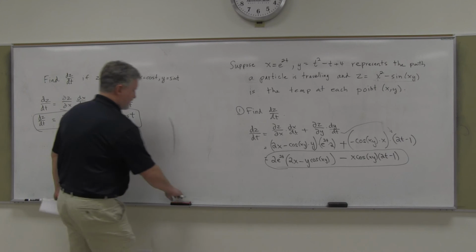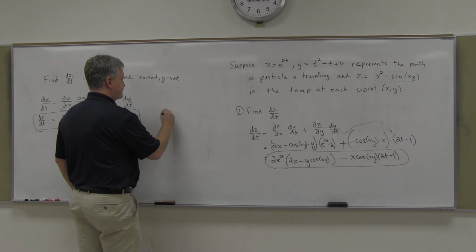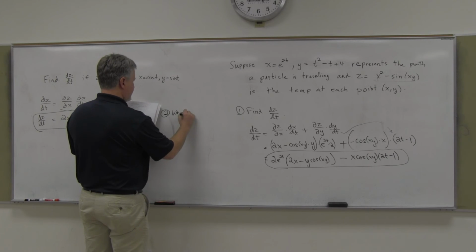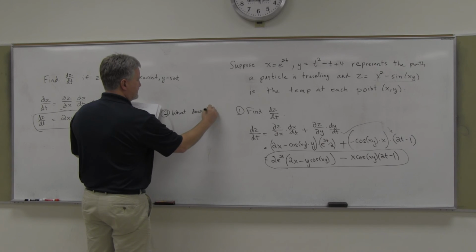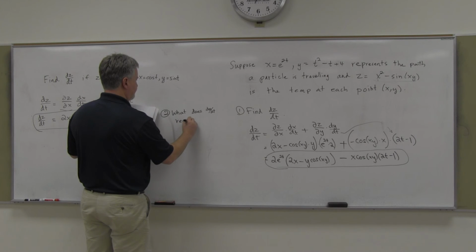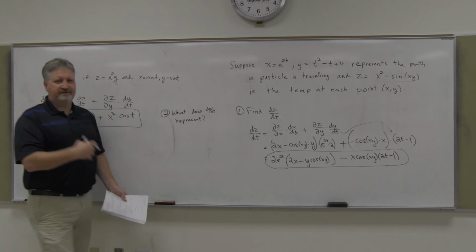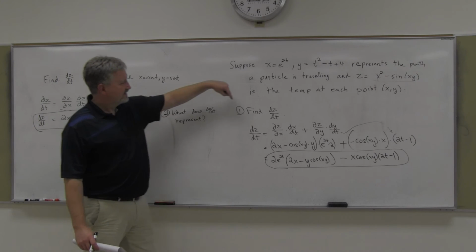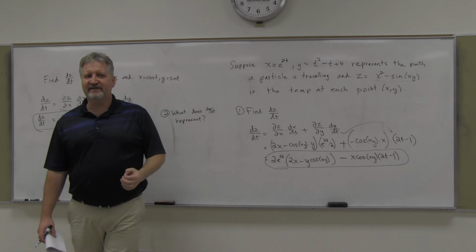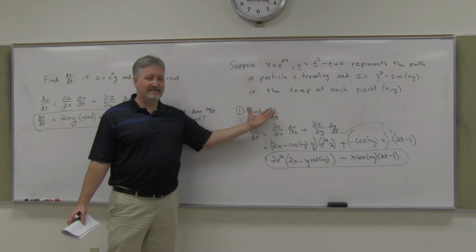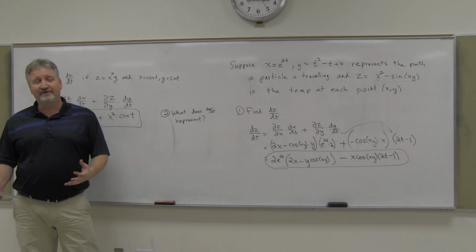Now, the second thing, all right, so let's talk about what does dz over dt represent? So it's just getting back to the basics of what it is we found here. It's a derivative with respect to t. Really what it is, dz over dt represents the same thing it's always represented.